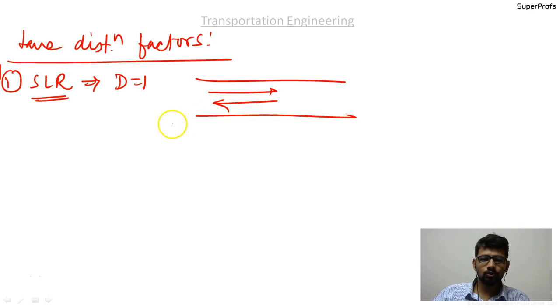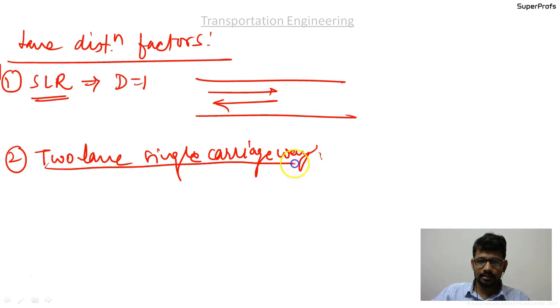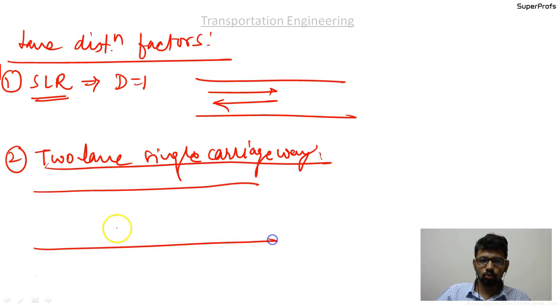I will explain how later. Next is the two lane single carriageway, where the width is equal to 7 meters.